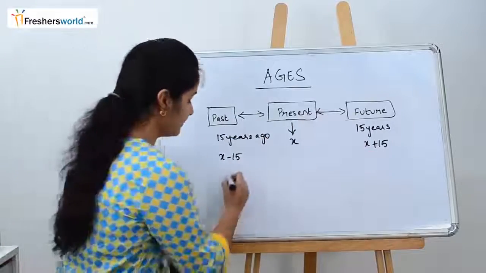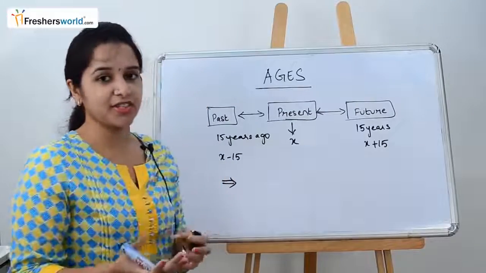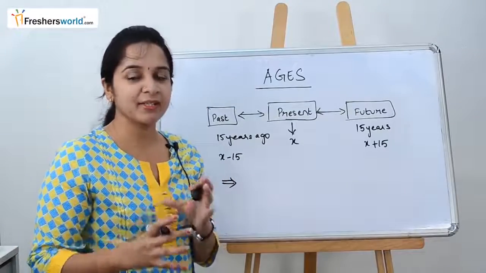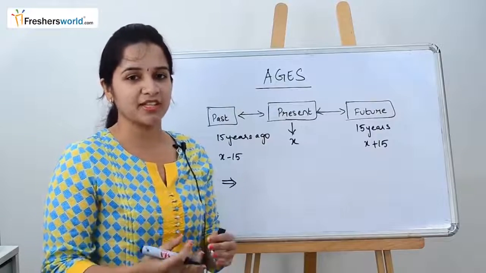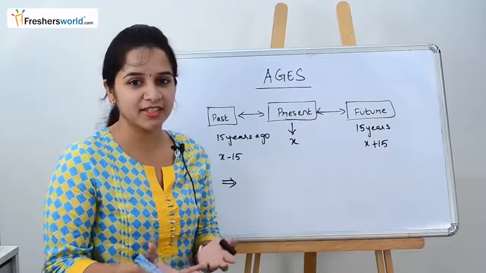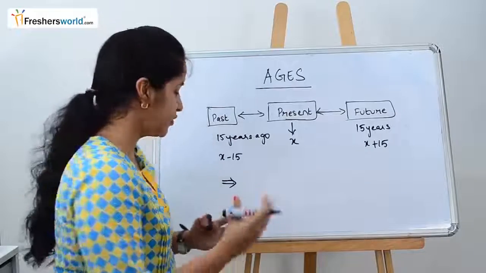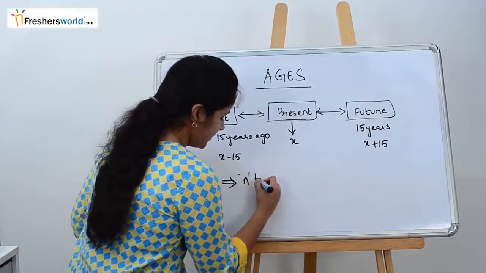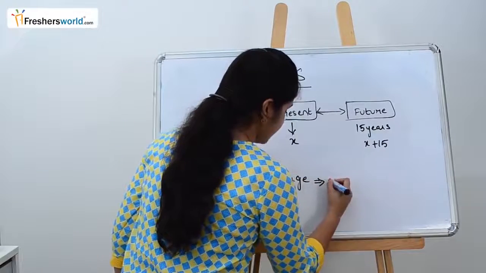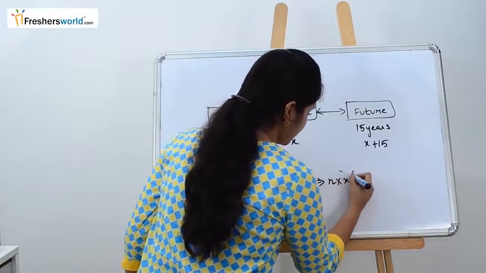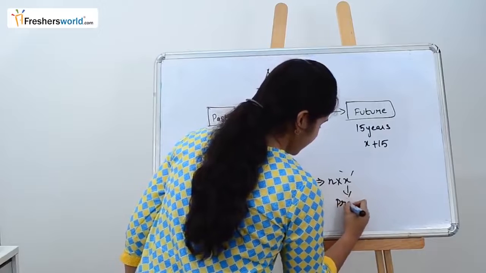Similarly, they will also ask in the question about ages multiplied by a number n. Like n times Ram's age or x, or Sita's age or something like that. You always need to multiply. N times age is nothing but n into x, where x is the present age that they would have given.